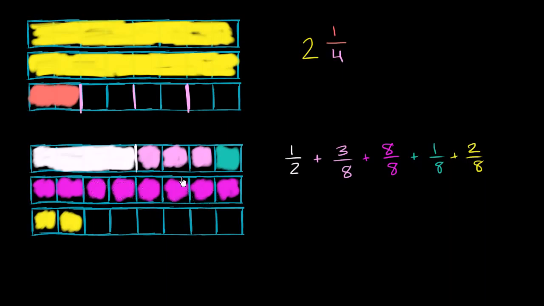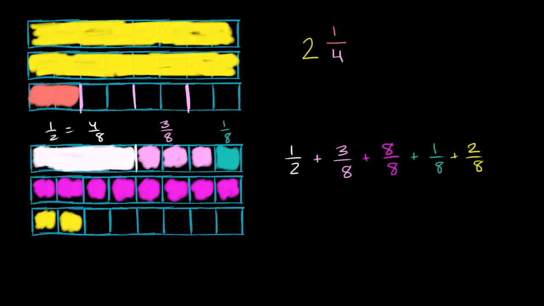You see the 8/8 is the same thing as a whole. And you can make another whole out of 1/2 plus 3/8 plus 1/8, and they add up to a whole. Just to make sense of why that worked, 1/2 is the same thing as 4/8, because we filled in the 4/8. Then you have 3/8, and then you have 1/8.